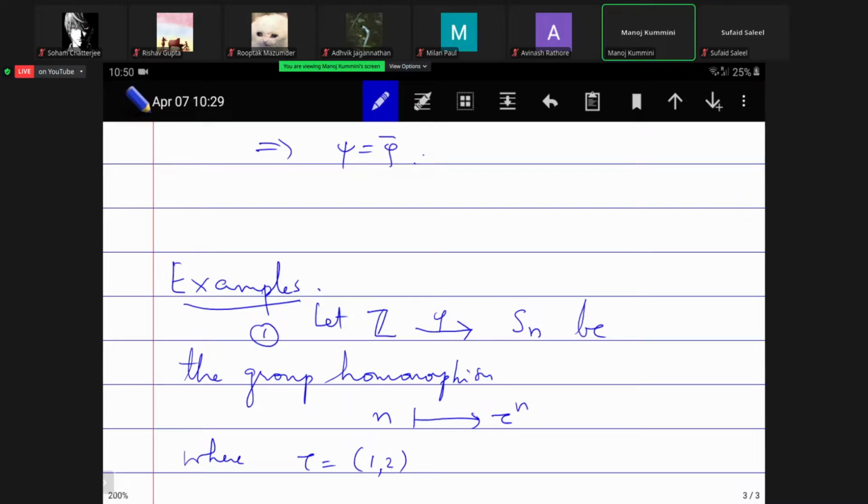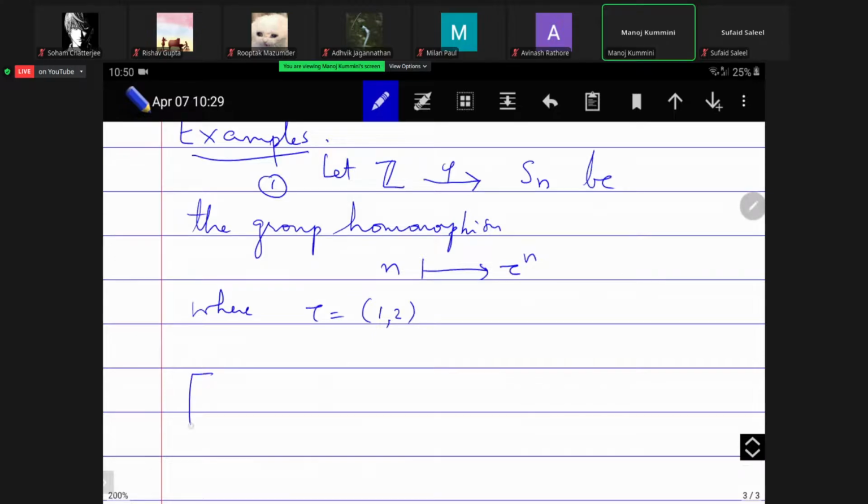Now, I just want to remark here, this of course defines it as a function altogether, for every element of Z. I mean, where does it go to? That is specified.